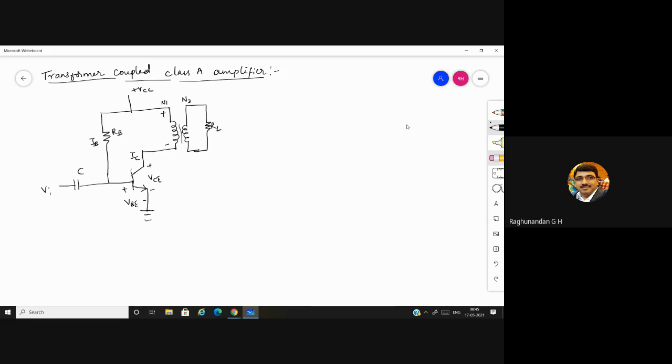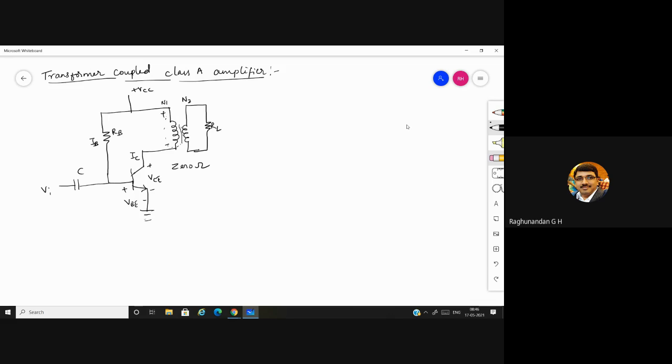To overcome that problem, we are using a transformer, which tries to isolate AC from DC. Here we assume that the winding resistance, that means the coil used for winding, is 0 ohms. So they don't have any resistance. That is the assumption we are going to make.